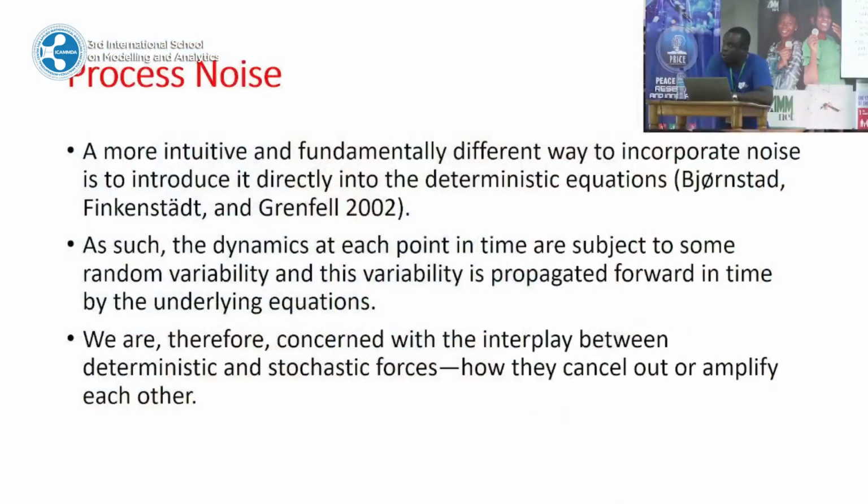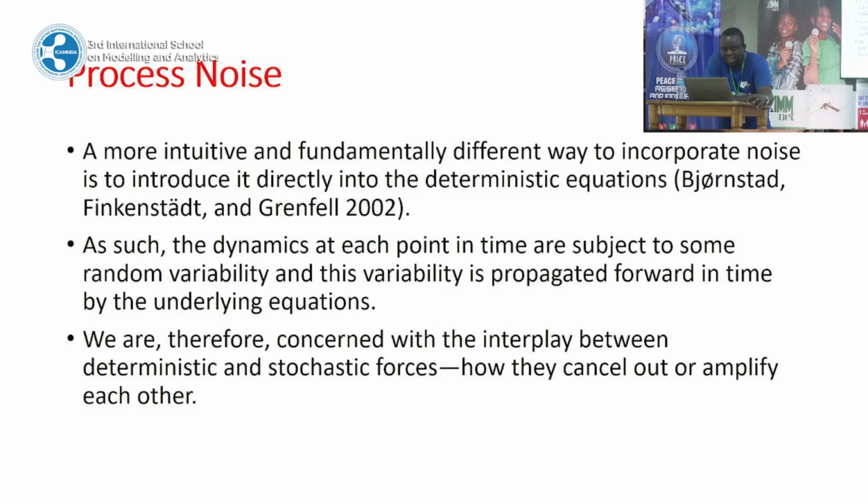So process noise: a more intuitive and fundamentally different way to incorporate noise is to introduce it directly into the deterministic equation. You can introduce noise, process noise, into your process model. A mechanistic model is a process model. It's customized, and you can add, modify, or change anything depending on your question.